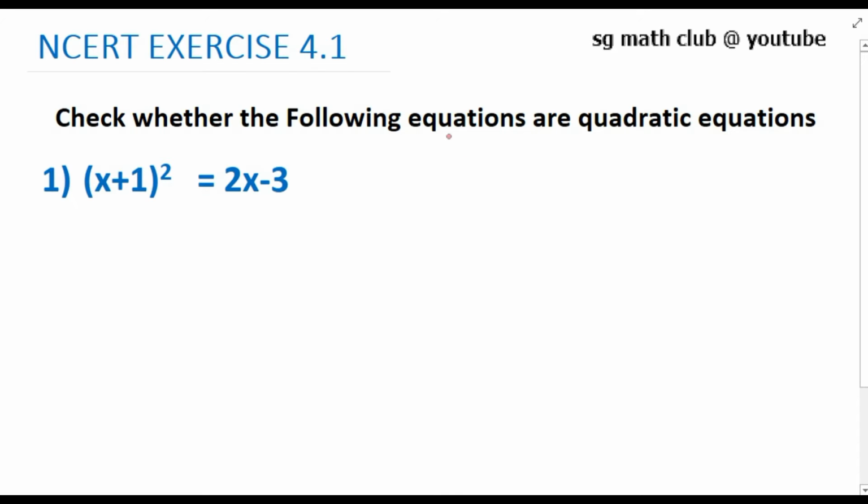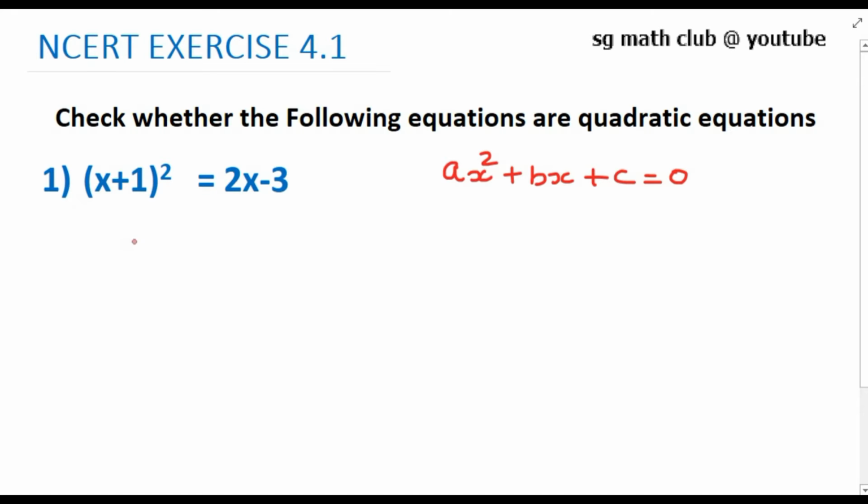We know that the general form of quadratic equation is ax square plus bx plus c equal to 0. An equation involving the variable whose highest degree is 2 is called as quadratic equation. So we will check this, we will simplify this equation.